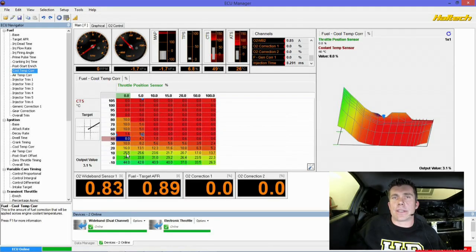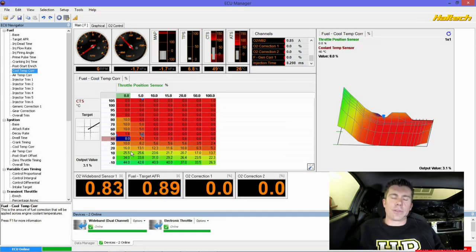And as the engine warms up, you can go through each of these cells and adjust the warm-up enrichment, until you've got your target air-fuel ratio that you want. And it's reasonably easy to do. What I said before is we've got a load axis on here, a throttle position, and you can see that as you increase the throttle position, the enrichment numbers actually reduce.